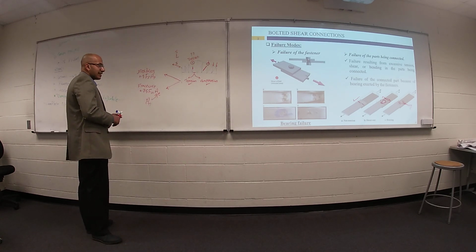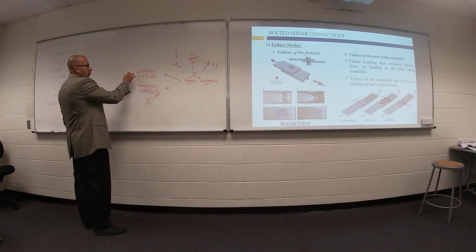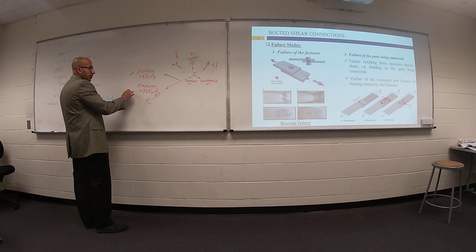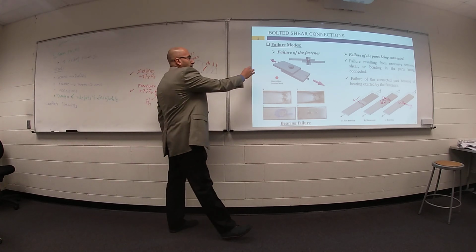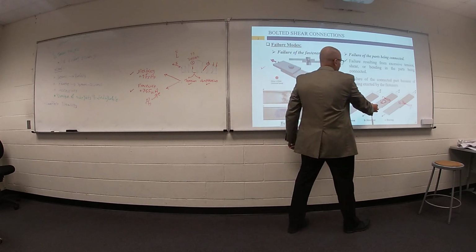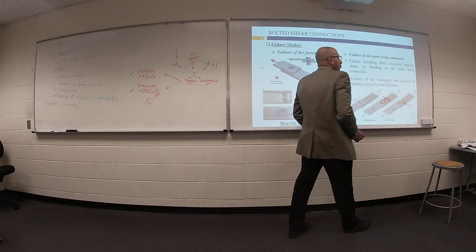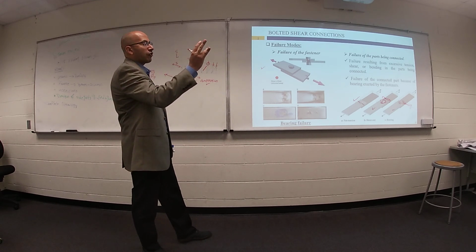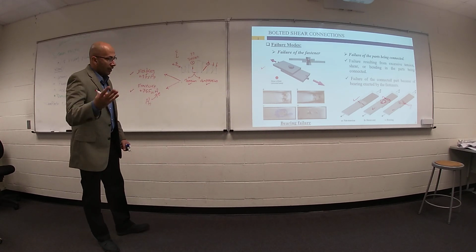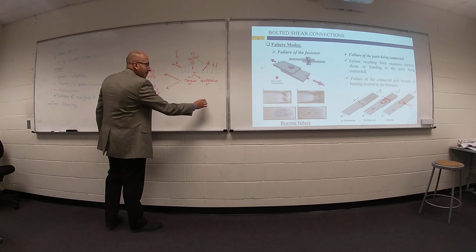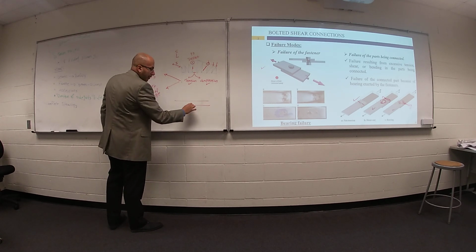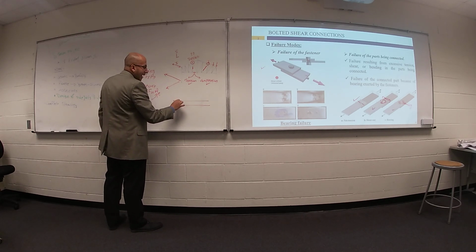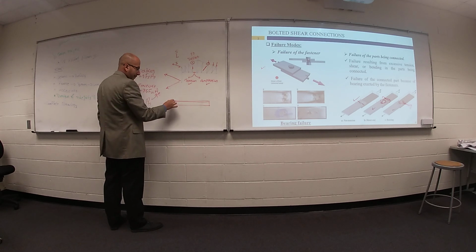So at the end, we have one condition for each of these to say finally, hey, my member is safe, my connection is safe. For example, maybe we have a member, single angle or double angle.